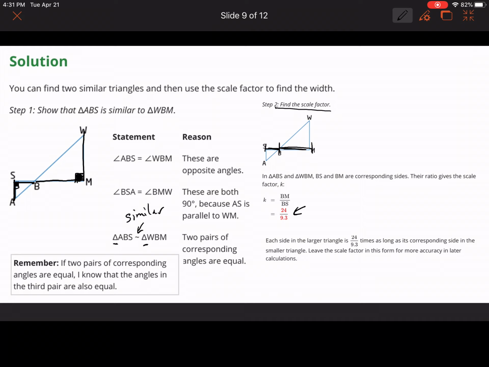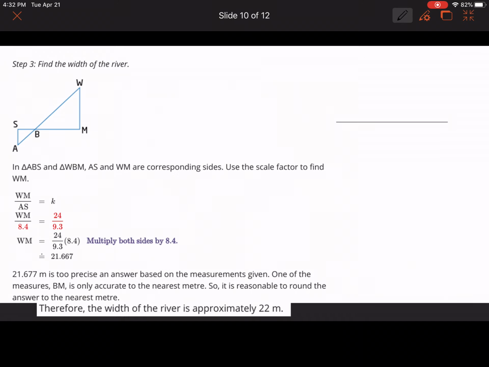Each side of the triangle is 24 over 9.3 times as long as the corresponding sides of the smaller triangle. They leave the scale factor in this form for more accuracy. And then they took that and put it in. I just did it all in 1 step. Down here, they did it in 2 steps.